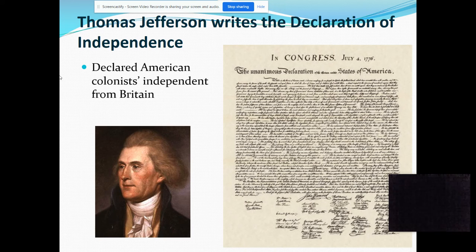But Thomas Jefferson's the main author. It's going to be signed by representatives of the 13 colonies. And you might think, hey, it's July 4th, right? That's when we break out the fireworks, we celebrate. The first 4th, where they actually released this declaration, they were actually terrified because what they were doing, and they knew it, was committing treason against the king.